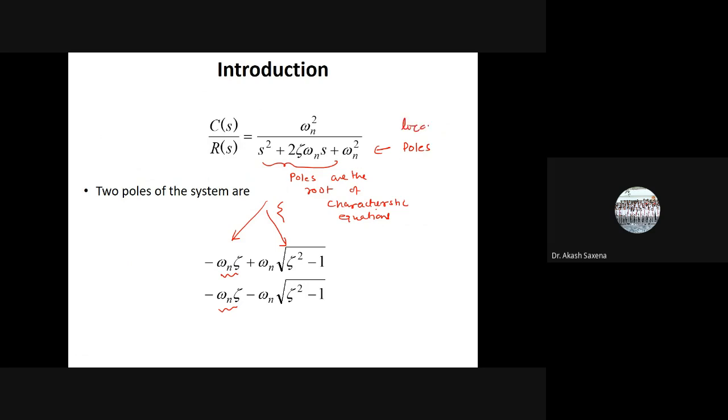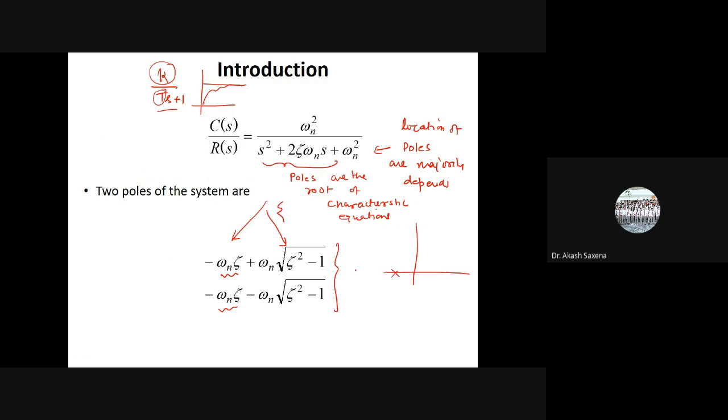The location of poles majorly depends on these values. In our earlier discussion, when the system was first order, the steady state response was dependent on this K, but the transient response of the system is entirely dependent upon the poles. That's why I say that the root of the characteristic equation matters.